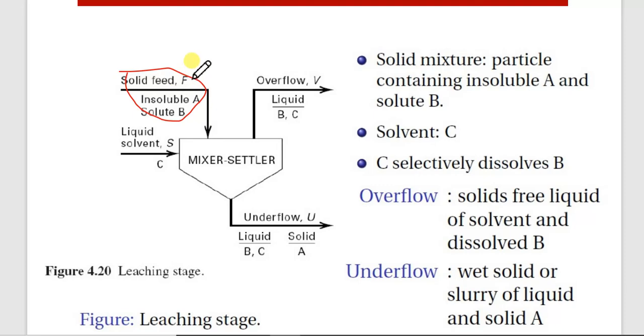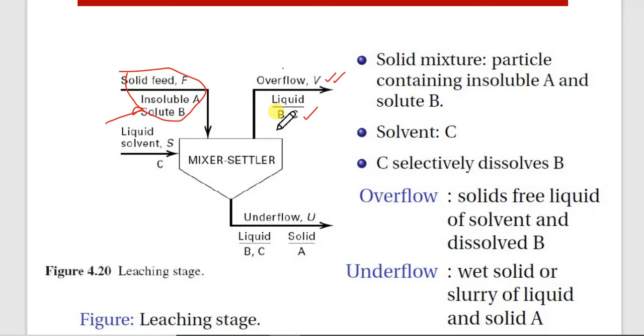and in the solid you have two components: insoluble and soluble, which can be taken out. The solute is the soluble part which can be taken out by solvent. If you put in solvent which is free of A and B, it can take the solute, and that is called overflow, and we will have C as solvent there also.